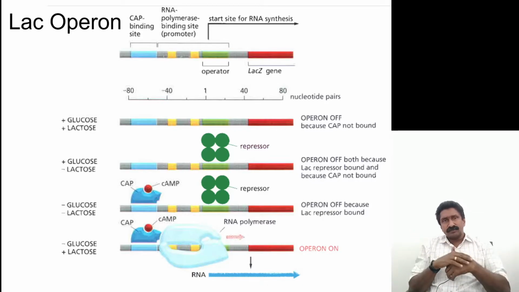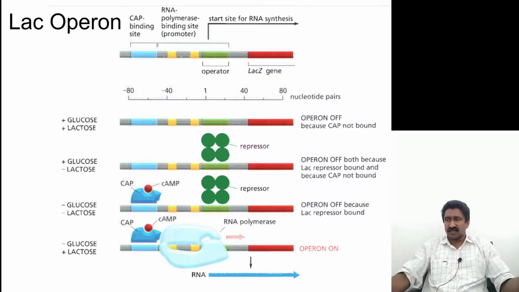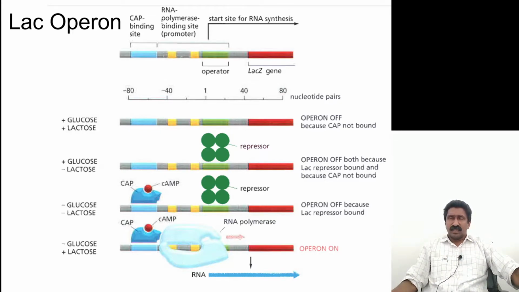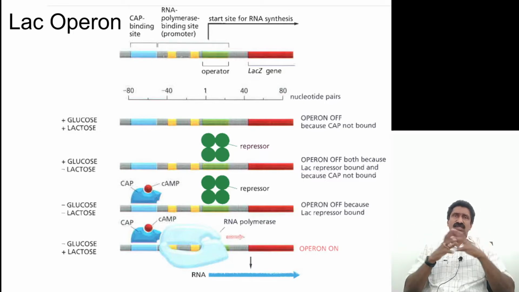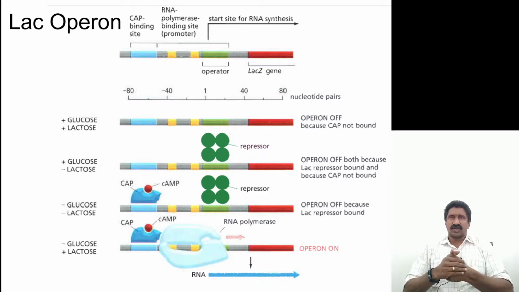So this is a typical structure of a eukaryotic mRNA. Now we will discuss the lac operon concept. The lac operon is the best example of gene regulation whenever we are learning gene expression in prokaryotic systems.